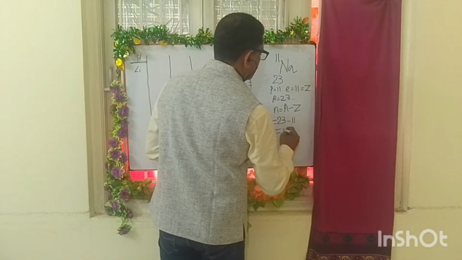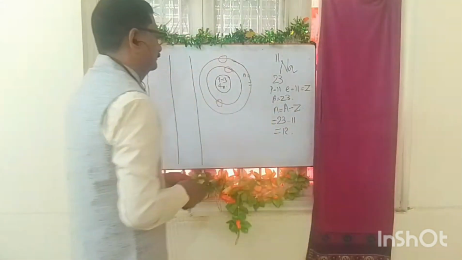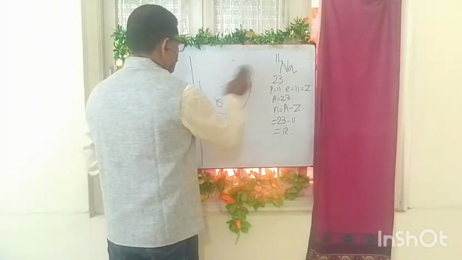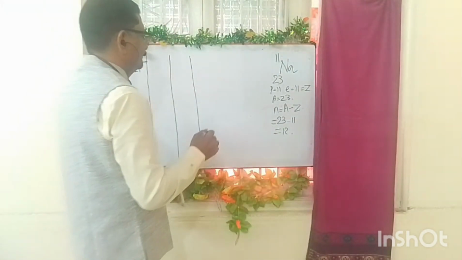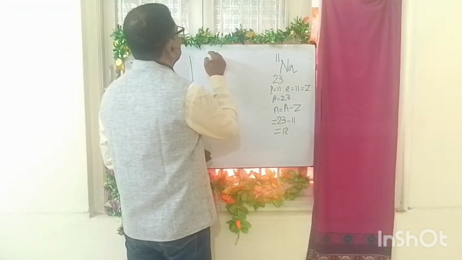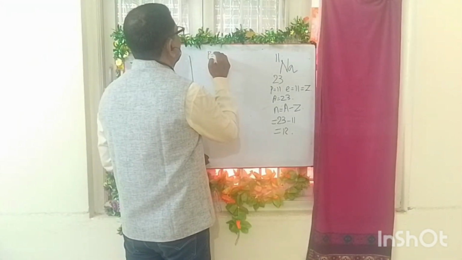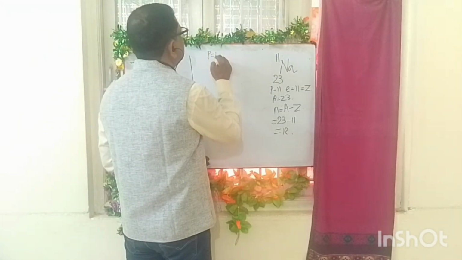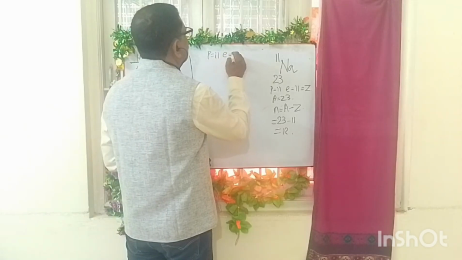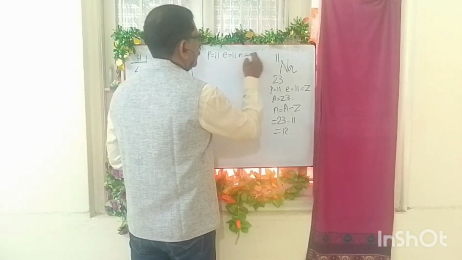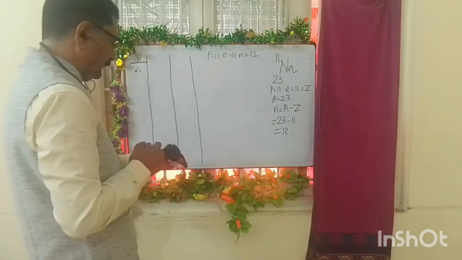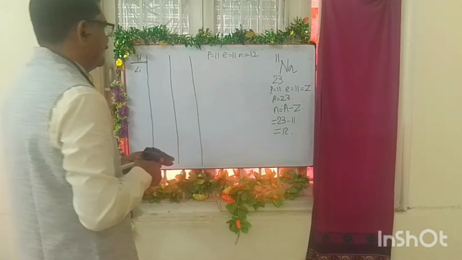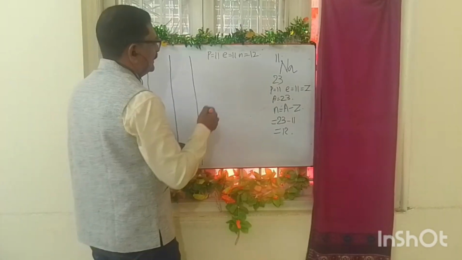So you get 12. Before drawing the atomic structure, you have to write the number of protons, number of electrons, and number of neutrons, 12. Then we can start drawing the atomic structure of sodium.